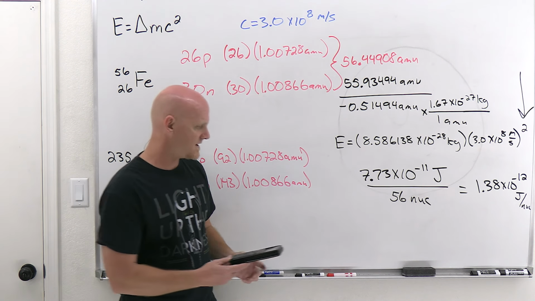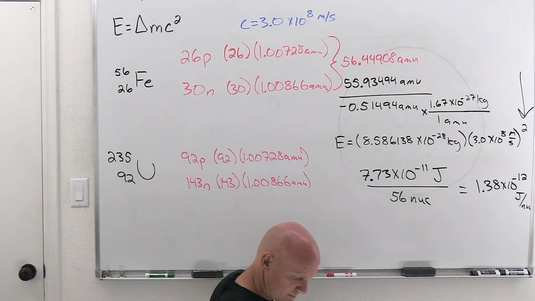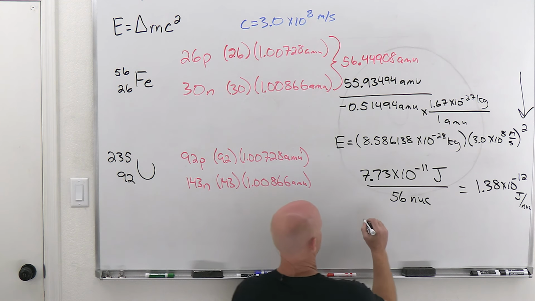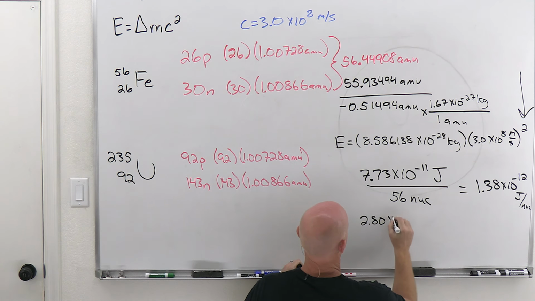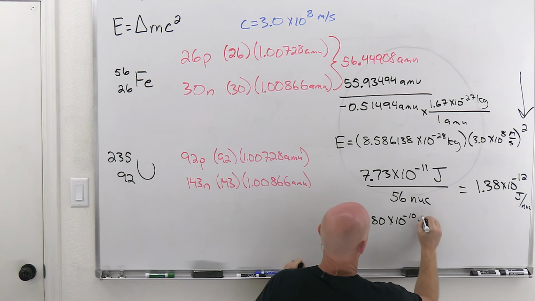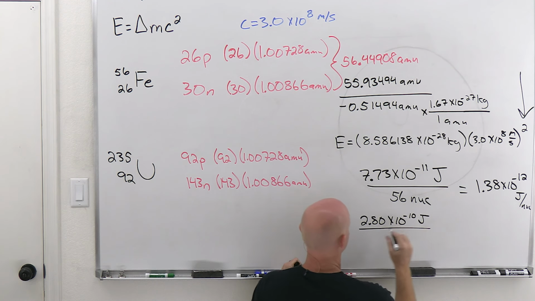But again, once I take that and divide it by the total number of nucleons here, so let's write this out once. So 2.80 times 10 to the negative 10 joules, but again, that's spread out now over 235 nucleons.